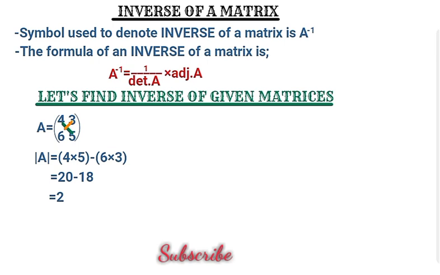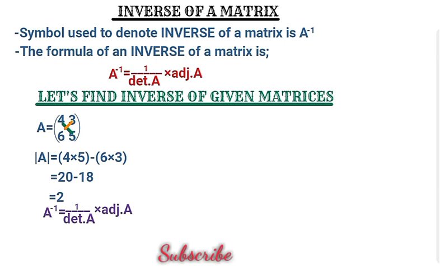Now let's go and find the inverse of this matrix. Now we know the determinant of matrix A, so we can go ahead and find the inverse. As we said earlier, the formula for the inverse of a matrix is the name of the matrix raised to the power -1, equal to 1 over the determinant, multiplied by the adjoint of the given matrix.